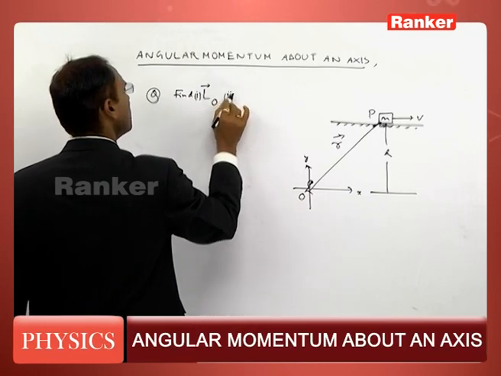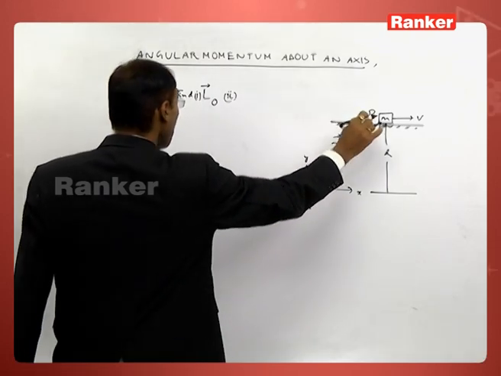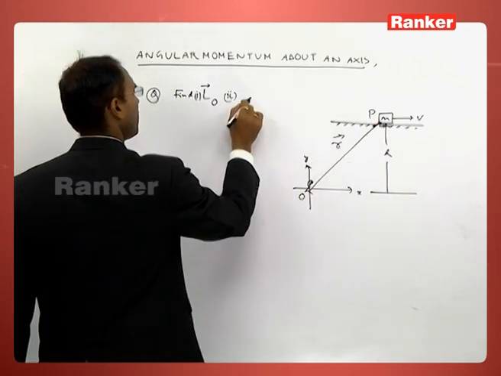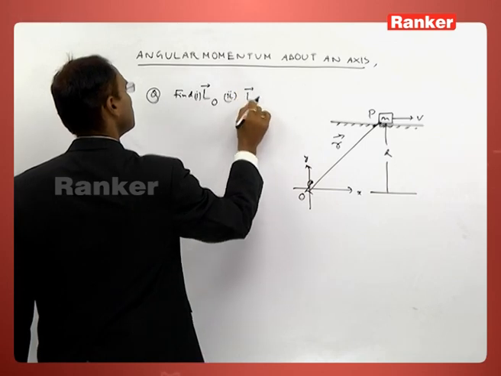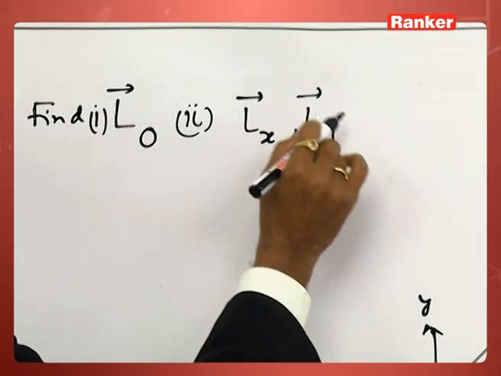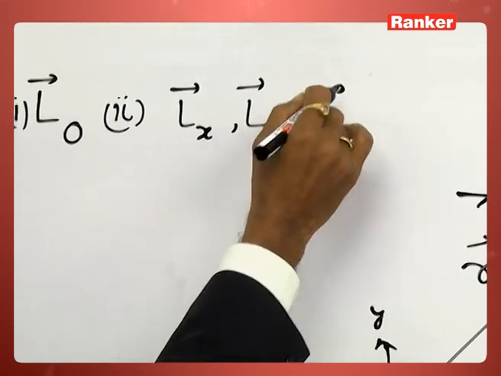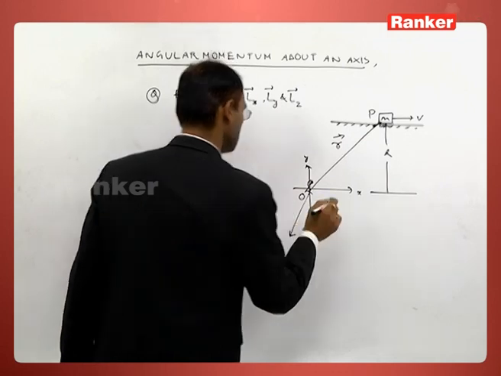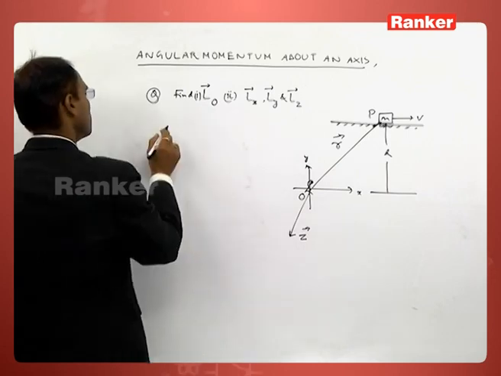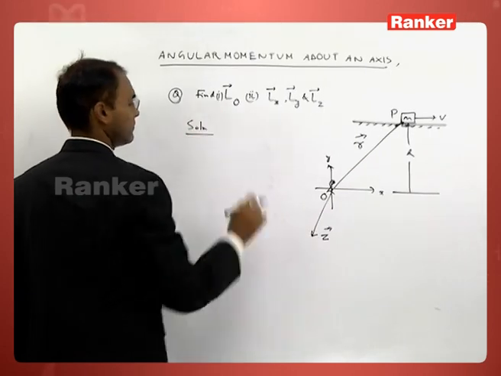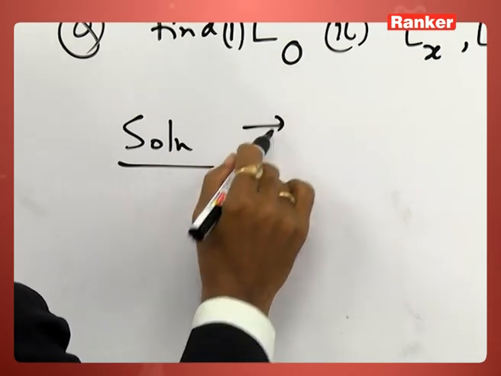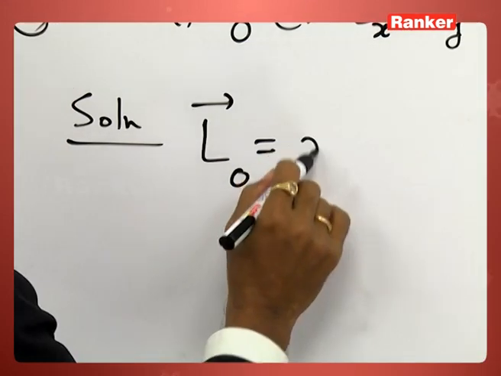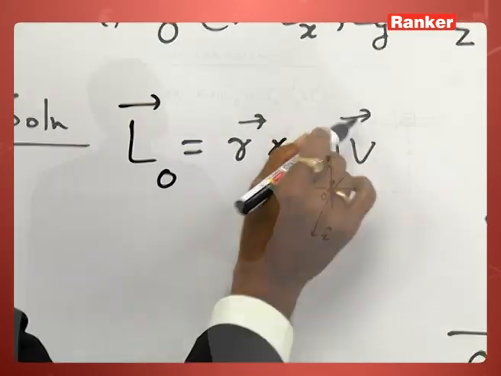Find the component of the angular momentum of this point mass with respect to O along x direction, along y direction, and along z direction. To solve this problem, let us use the basic formula for the angular momentum of this point mass about this point O, which is r cross mv.